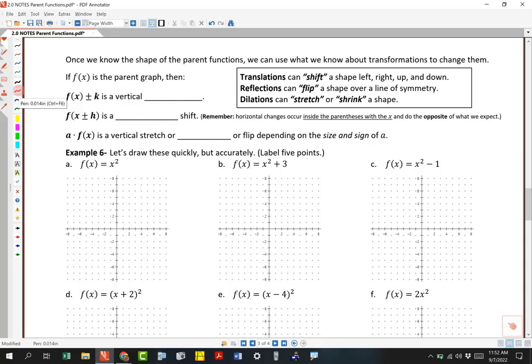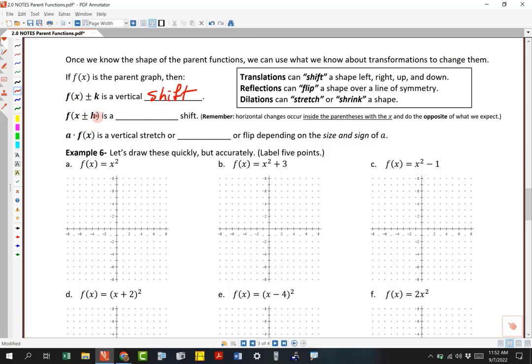All right. So last year in Unit 6, to be exact, you talked about translations, reflections, and dilations. We kind of renamed them shifts and flips and stretches and shrinks. So if I take a parent function and I add or subtract k, that is a vertical shift. We're just going to slide it up or down.